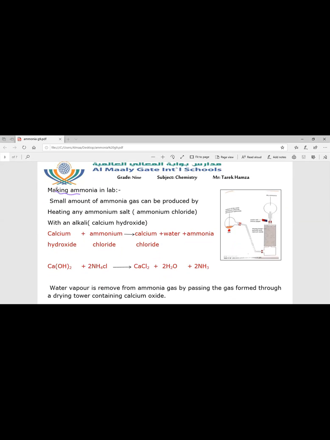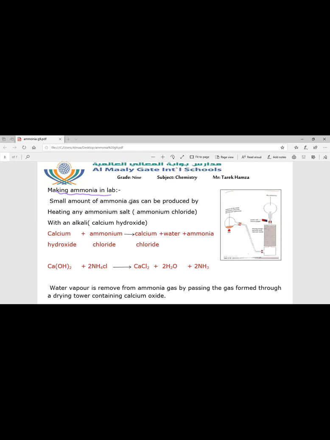Making ammonia in the lab by a simple process. Listen to me carefully. Look at this picture.